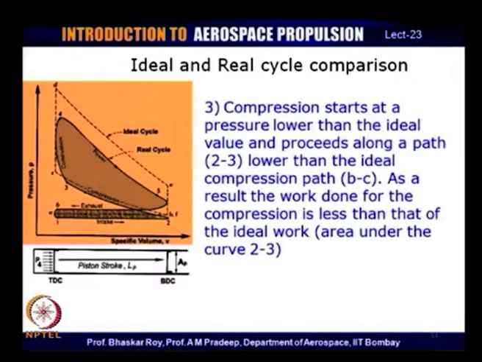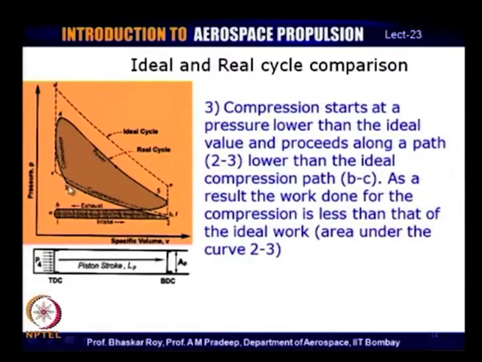Now, let us look at the compression process. Since the intake process finishes its intake line at 2, which is, as you can see, a little lower than B, the compression process starts at a pressure which is lower and quite often proceeds along an isentropic line which is a little lower.